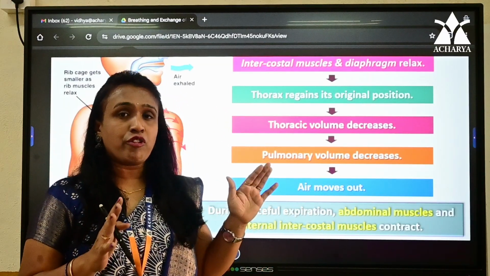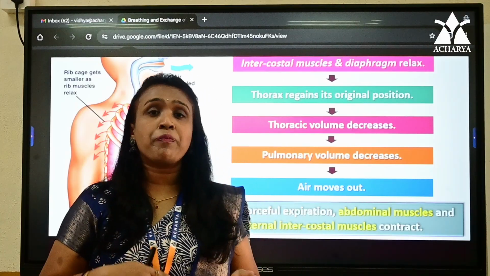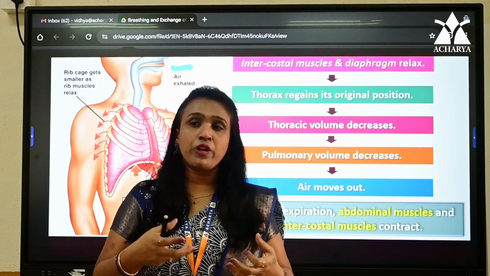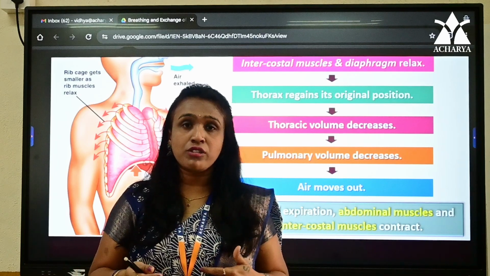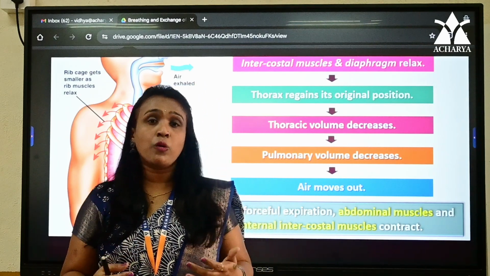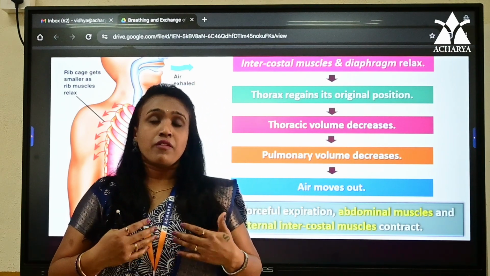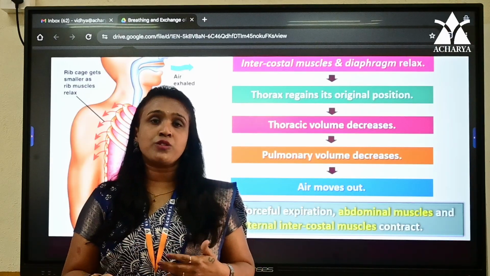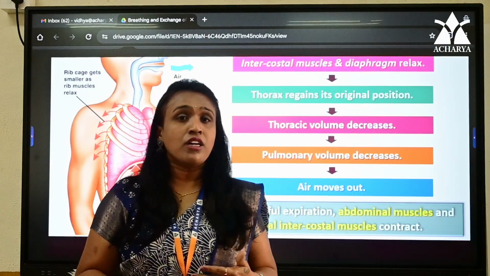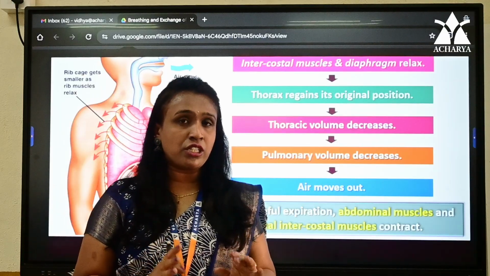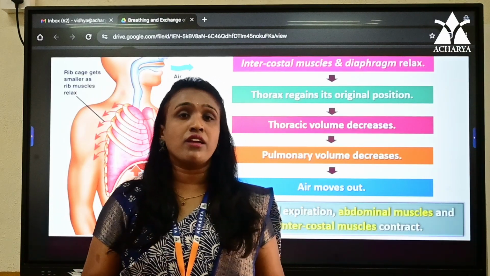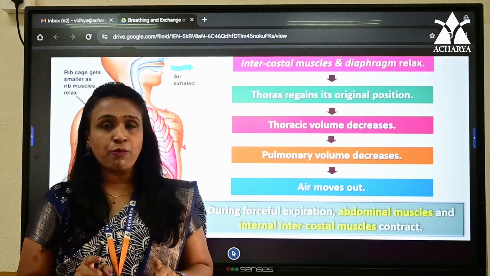So what we have to observe here is, for example, when we are doing pranayama, our yoga guru will ask us to inhale, and complete exhalation is also told. You can try it now with me. If you exhale forcefully, you are also using your abdominal muscles. So the contraction of these abdominal muscles occurs only in forceful expiration.